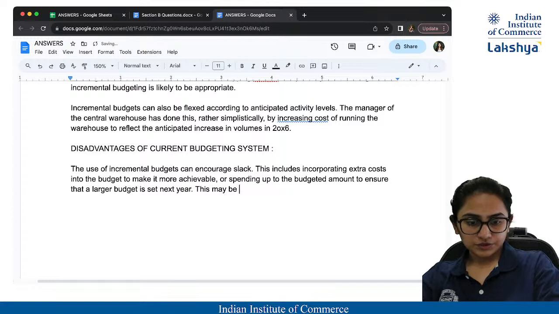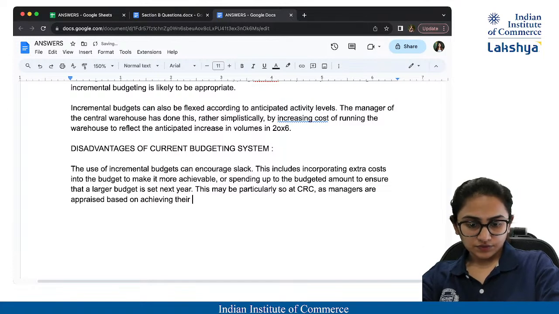This may be particularly so at CRC, as managers are appraised based on achieving their budget.